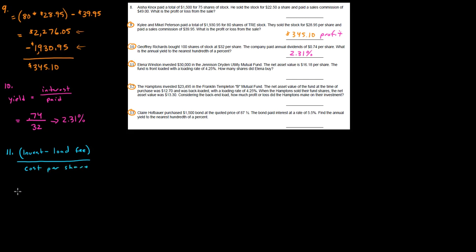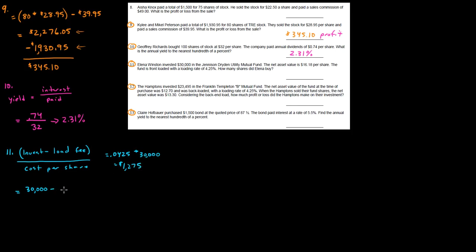So in this case, the investment was $30,000. The load fee, well, we have to find the load fee. So the load fee is, in this case, 4.25% times the investment amount, which is $30,000. So the load fee is $1,275.